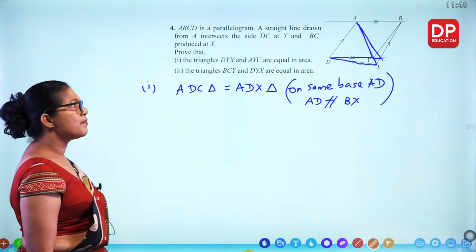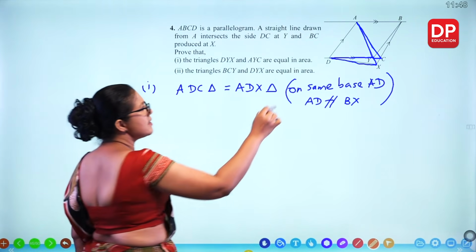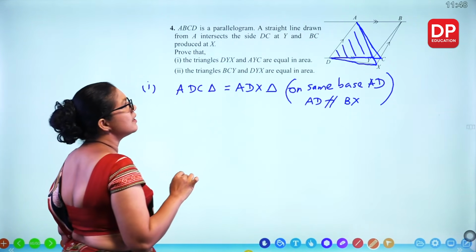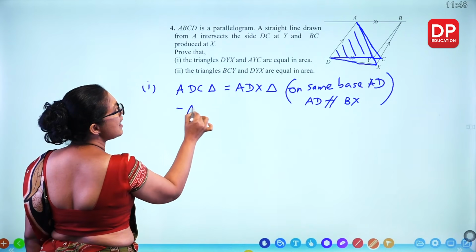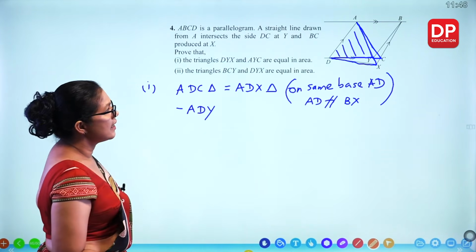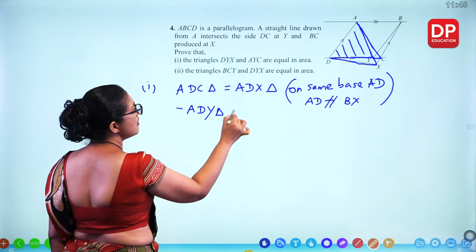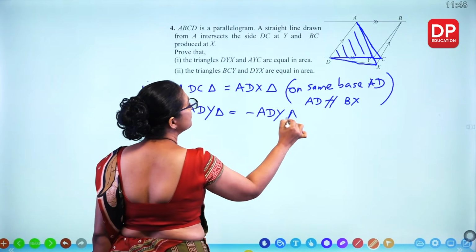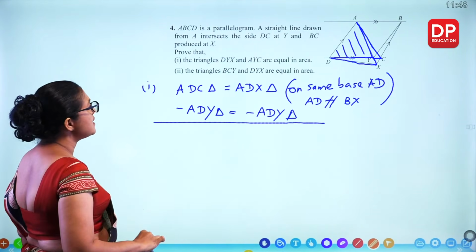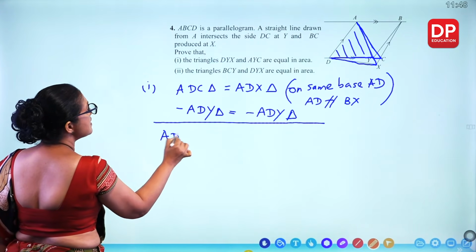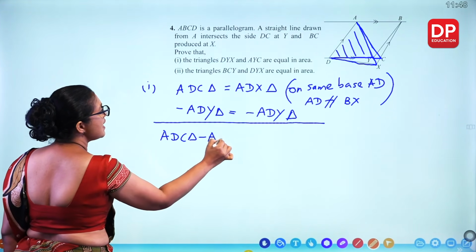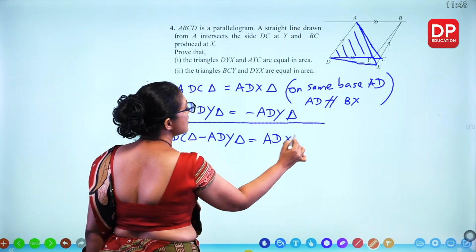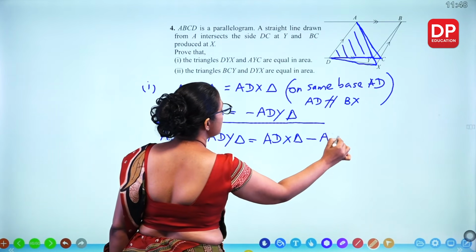And I want to subtract this part from both of the triangles. I am subtracting triangle ADY from both sides. What am I getting? Triangle ADC minus ADY, ADX minus ADY.